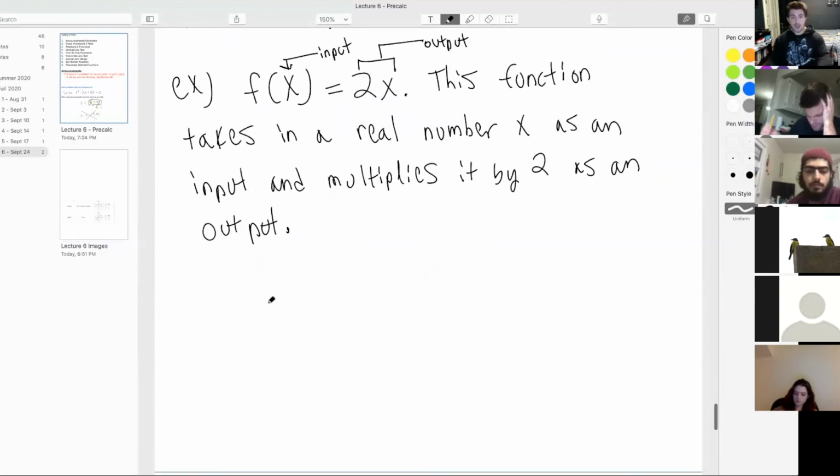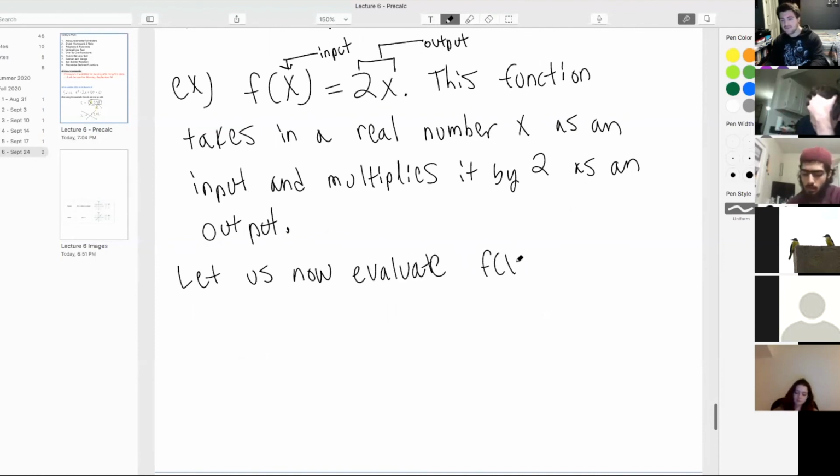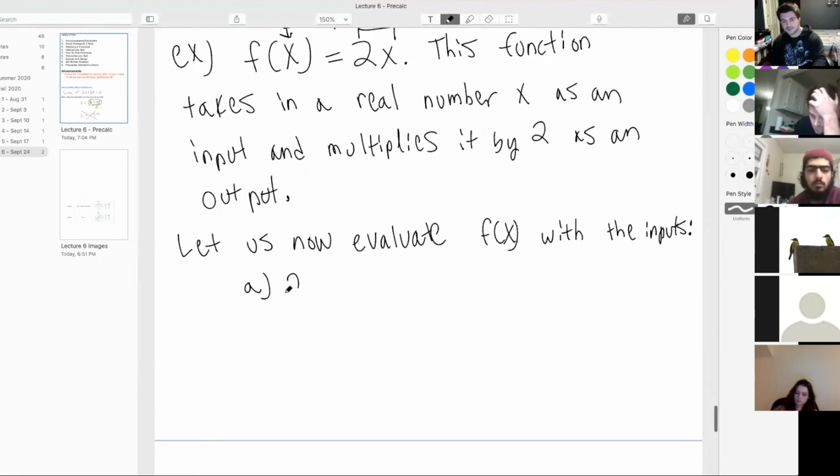What this function does is just multiply numbers by 2. Let us now evaluate f of x with some inputs: 2, w, and a plus h.